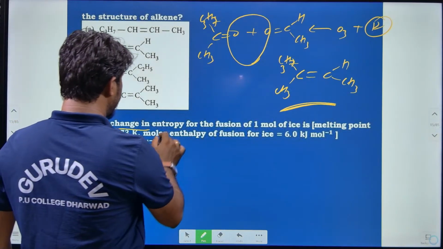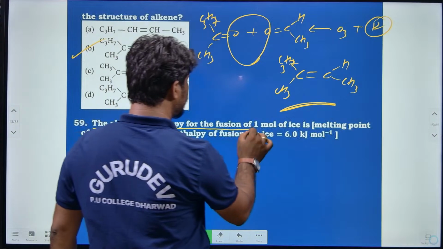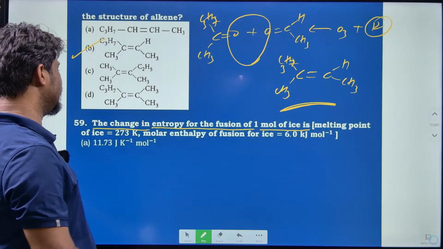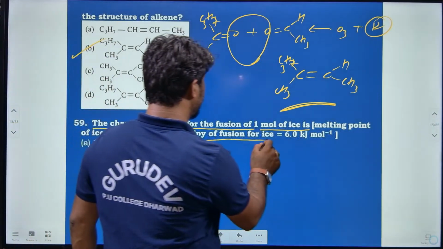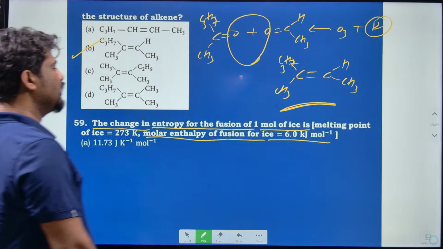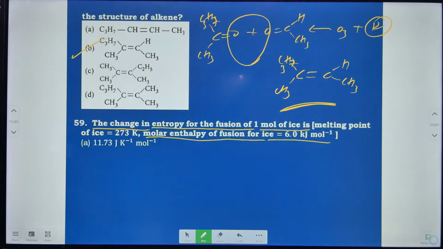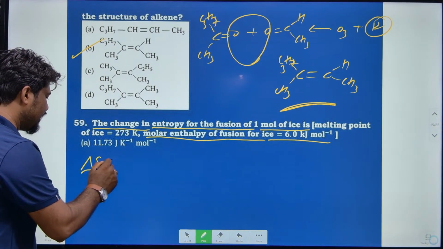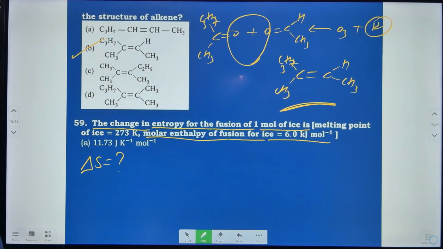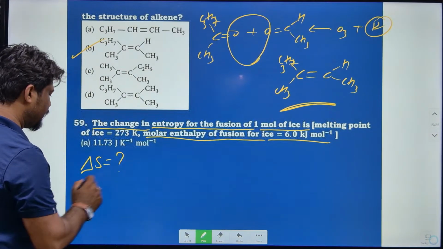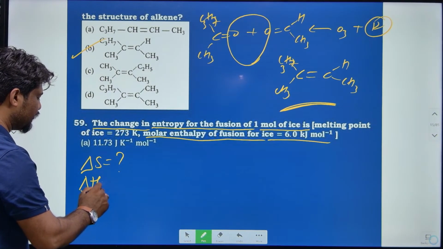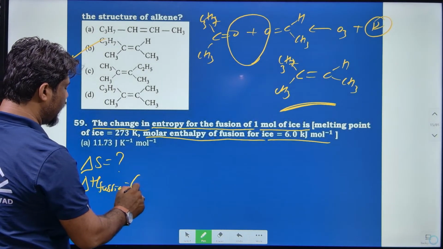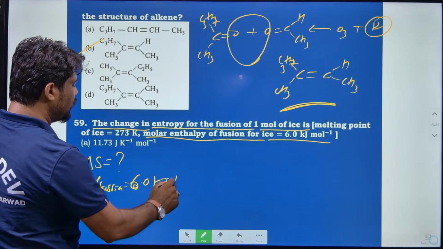The change in entropy for the fusion of 1 mole of ice is asked. The melting point of the ice is given as 273, and the molar enthalpy of fusion of ice is 6.0 kilojoule per mole. See, they're asking what the change in entropy is, that is delta S. They gave the enthalpy of fusion, delta H of fusion, as 6.0 kilojoule per mole.